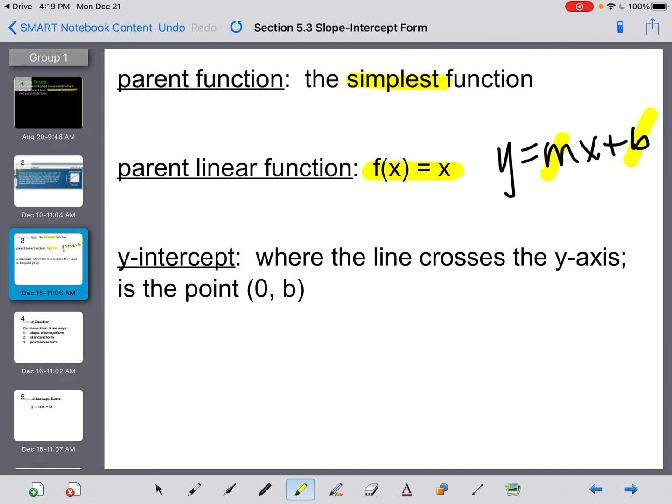Okay, so that y equals x, or f of x equals x, is the simplest form, so that is called our parent linear function. And the y-intercept is wherever our line crosses the y-axis. That would be your ordered pair. Okay, so when you have a graph, wherever your line crosses the y-axis, right here, that would be your y-intercept.